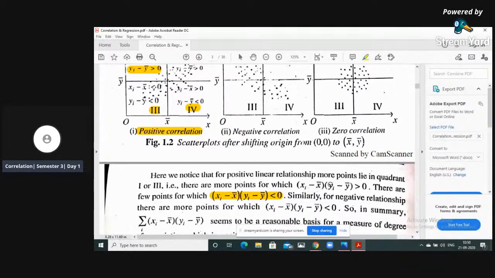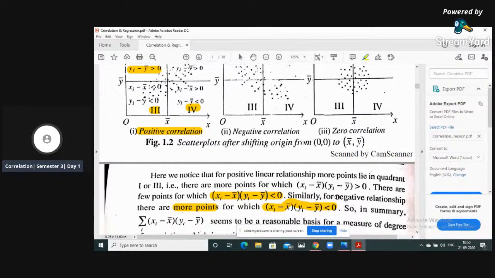Similarly, for negative relationship, there are more points for which xi minus x bar into yi minus y bar is less than 0.